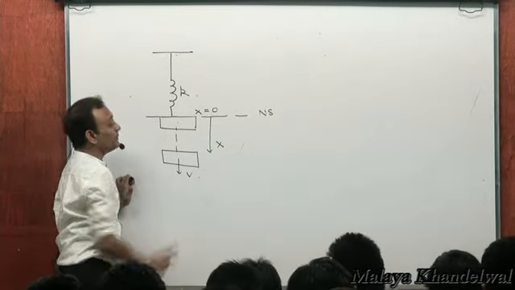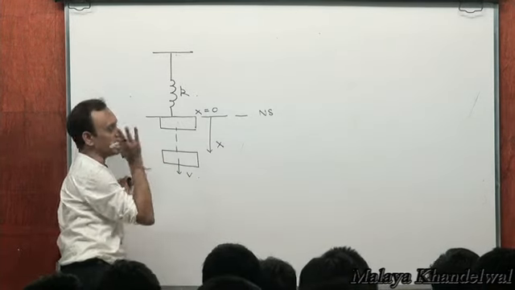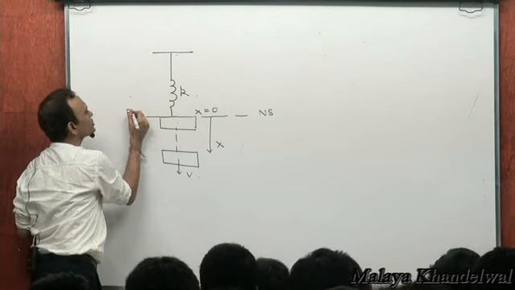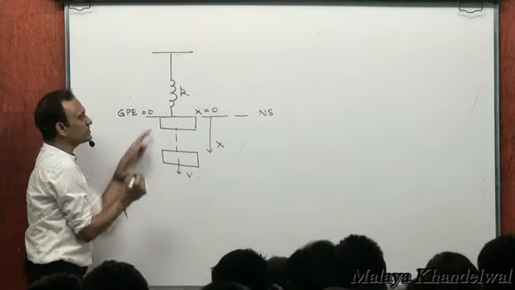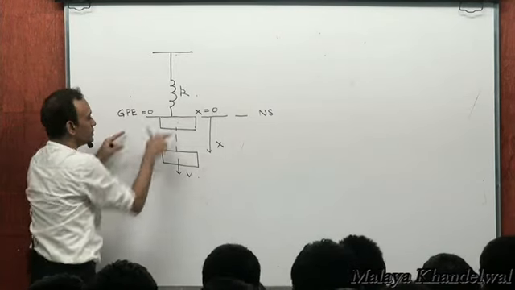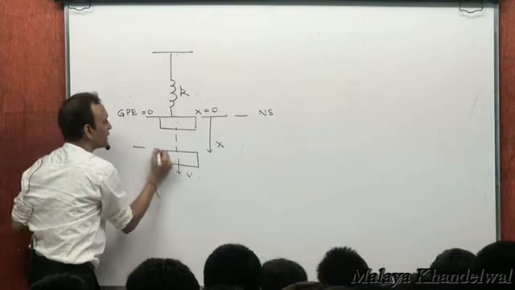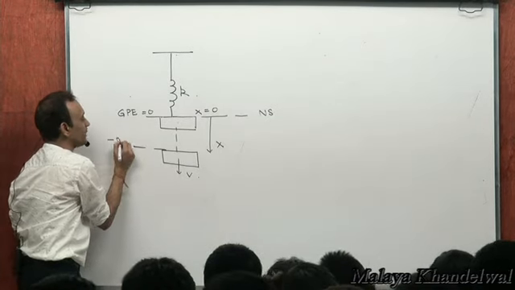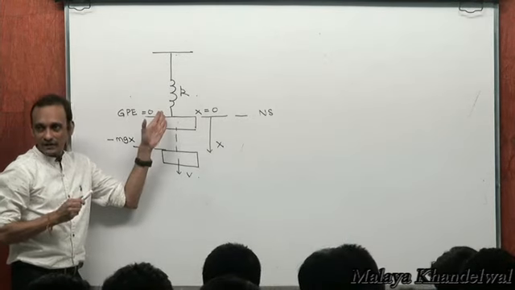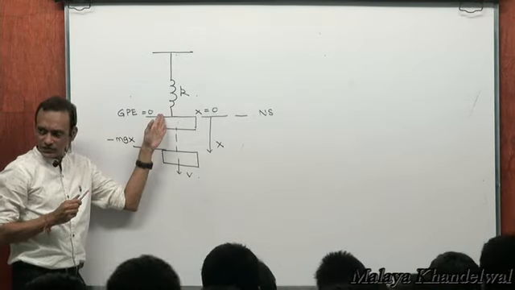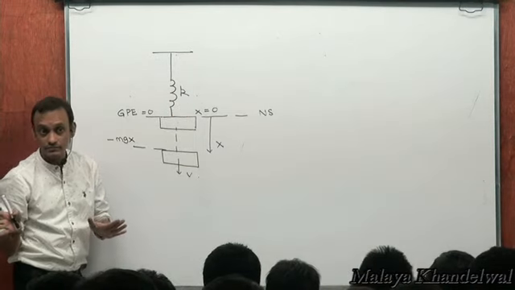Let me write the total energy expression at x. Let me call this as 0 of gravitational potential energy. If this is 0 of gravitational potential energy, then anything below this will be negative potential energy. So the gravitational potential energy here would be minus mgx. If the gravitational potential energy was 0 here, then x units below this, it will be minus mgx.